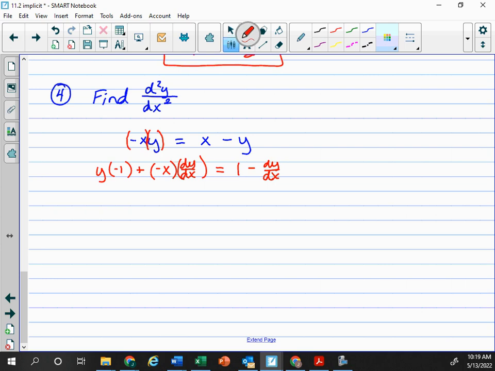We're solving for dy/dx. We want all the dy/dx's on one side, everything without a dy/dx on the other side. So I'm going to bring this minus dy/dx over. I'll have a positive dy/dx minus x dy/dx, and on the right side, 1 plus y.